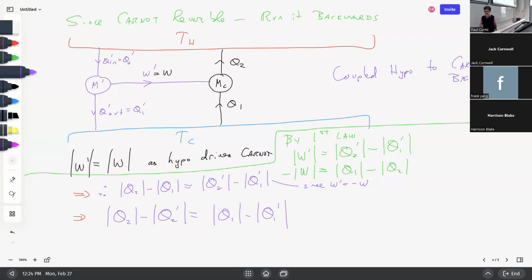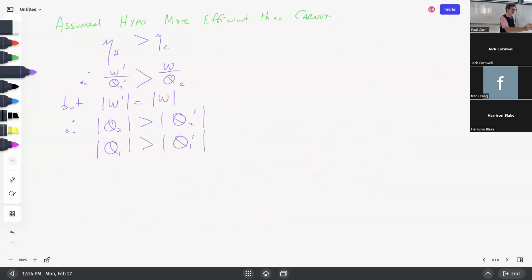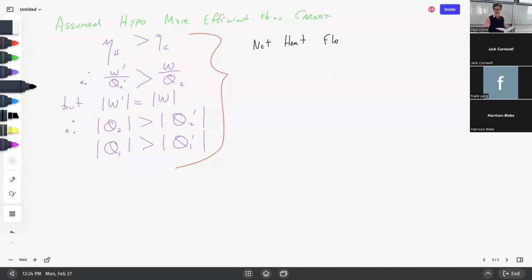Let's write that down. So the implication of all of this, what all of this means, is that net heat is flowing from T cold to T hot.